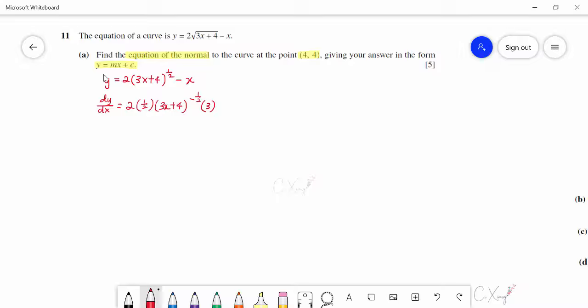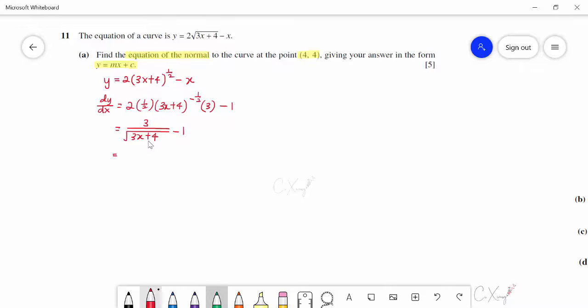Then differentiate -x, you get -1. If you simplify this, we have 3 over square root of (3x + 4), then minus 1. And you have to substitute x = 4 into this equation.